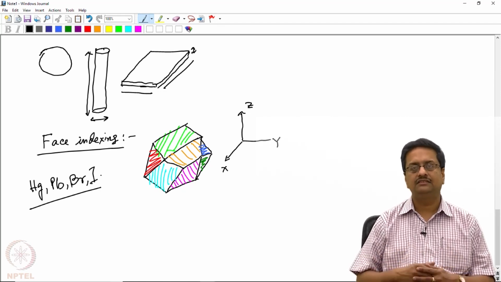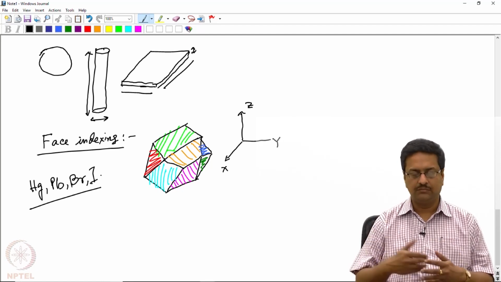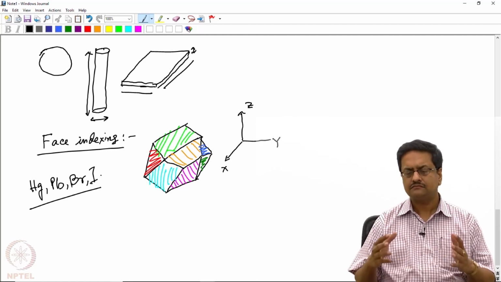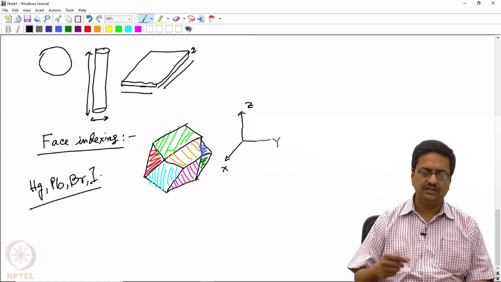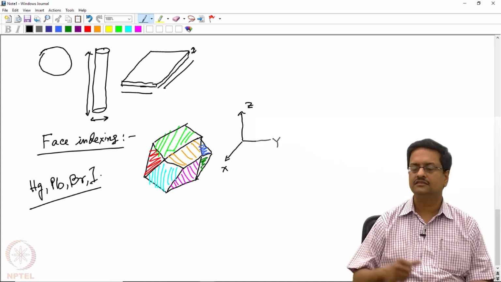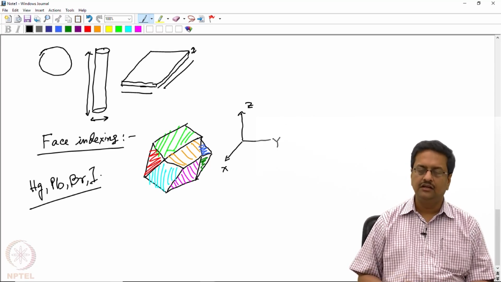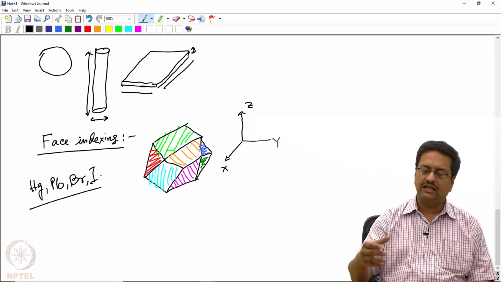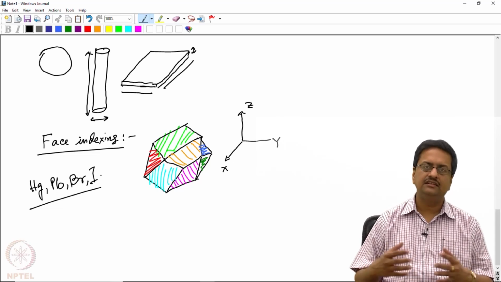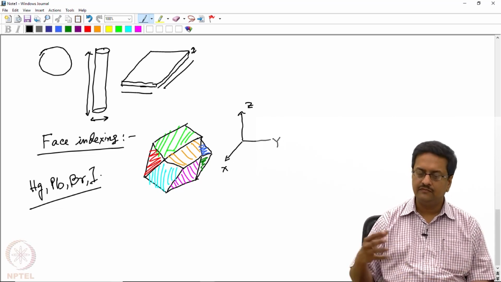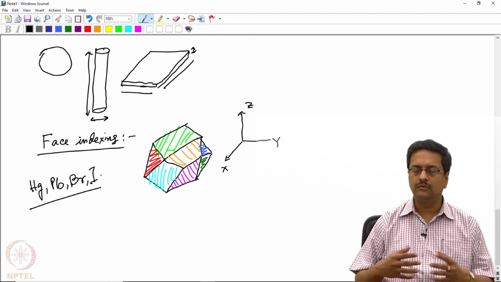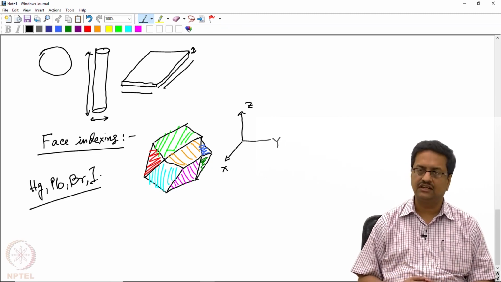Then one can apply cylindrical or plate shaped crystal correction theoretically using computational results, and then proceed with the corrected data. Or in some cases, as I just indicated, the phase indexing also can be done to do an appropriate absorption correction.